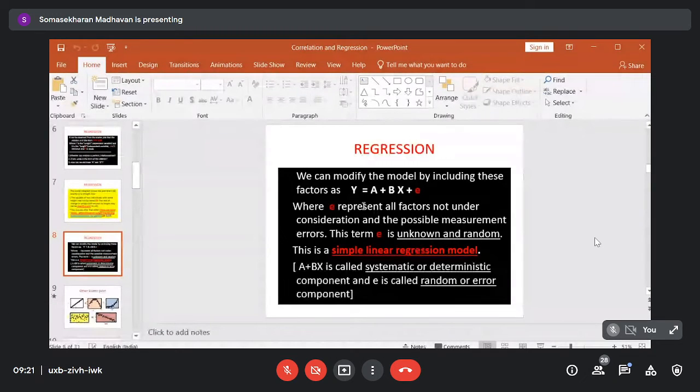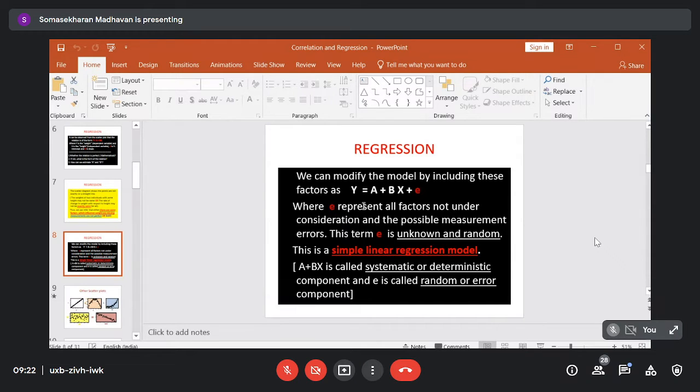All the systematic and random factors together we consider as E. Whatever factors except x influence y are included in the term E. And this term E is unknown and random because it includes random factors. Since it is a random model, it should be treated statistically.